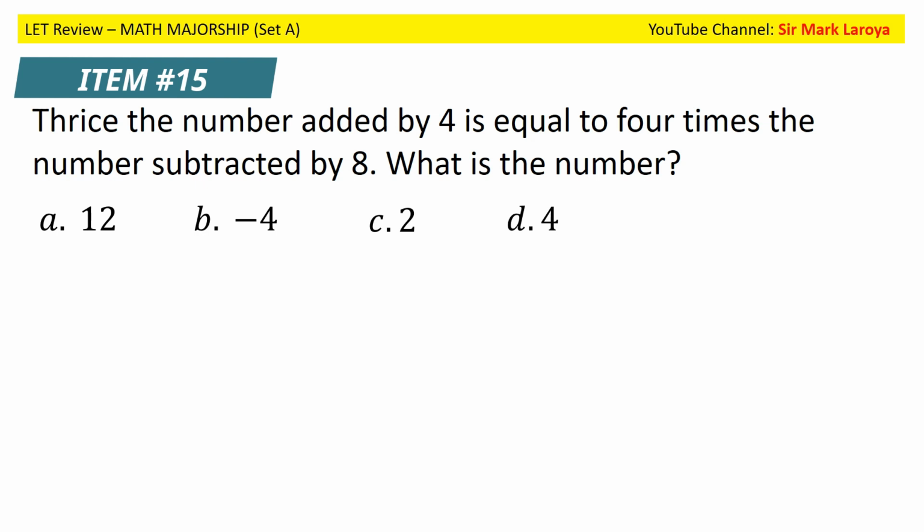In this type of problem, kailangan marunong tayo mag-interpret at i-translate natin into equation. Una, sabi dito, thrice the number added by 4. So, let x be the unknown number. So, thrice the number, that is 3x, added by 4, so plus 4, so that is 3x plus 4, is equal to 4 times the number, so 4x, subtracted by 8 minus 8.